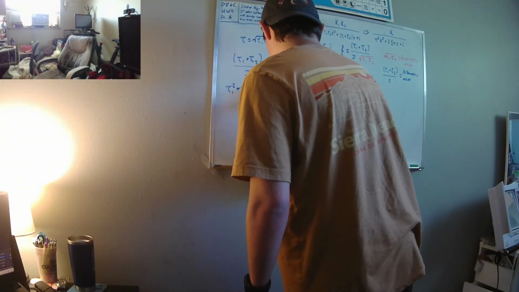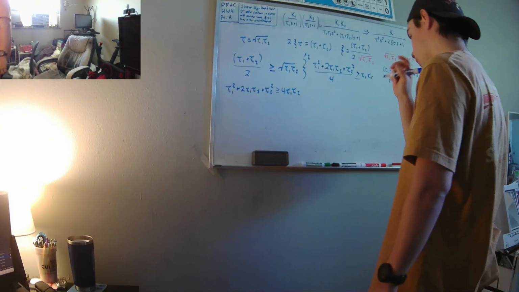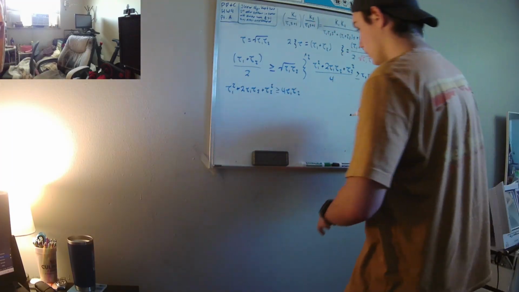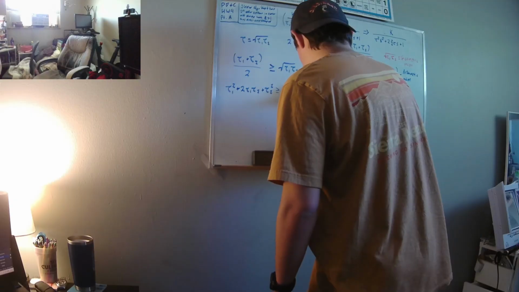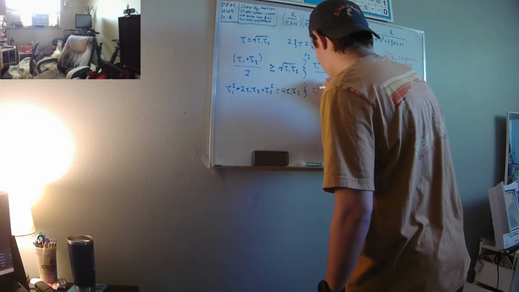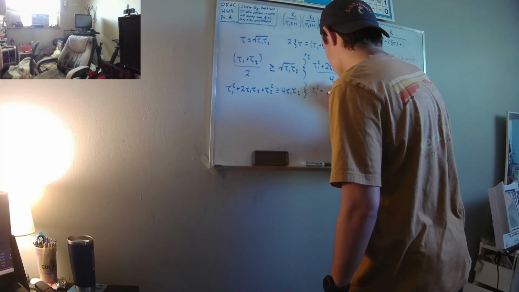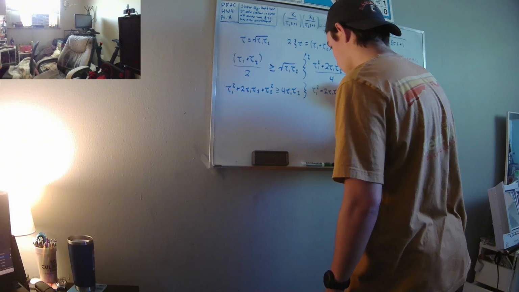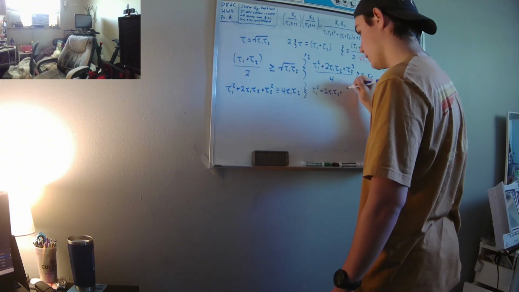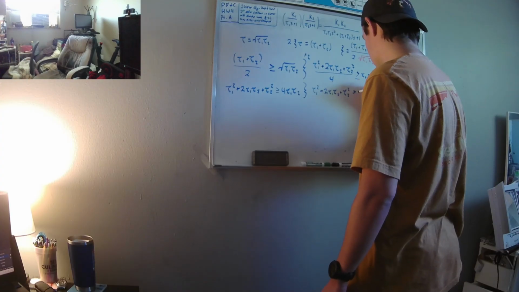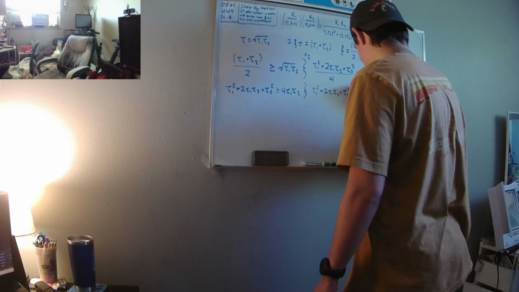Is less than or equal to 4 tau 1 tau 2. And then if we subtract this over, what we get is that tau 1 squared minus 2 tau 1 tau 2 plus tau 2 squared must be greater than or equal to 0.